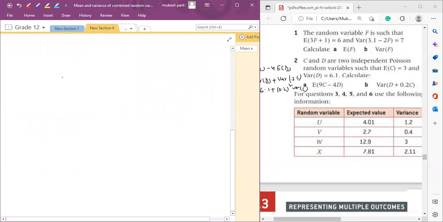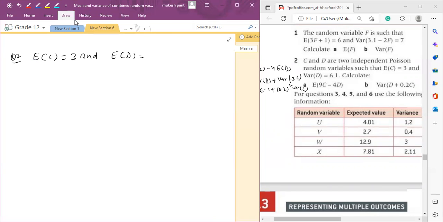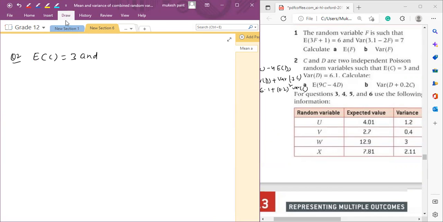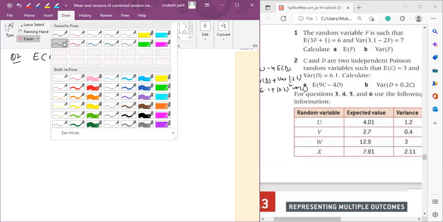So for example, let's discuss question number 2. C and D are two independent Poisson random variables such that the expected value of C is given as 3, and for D it is a variance, sorry.